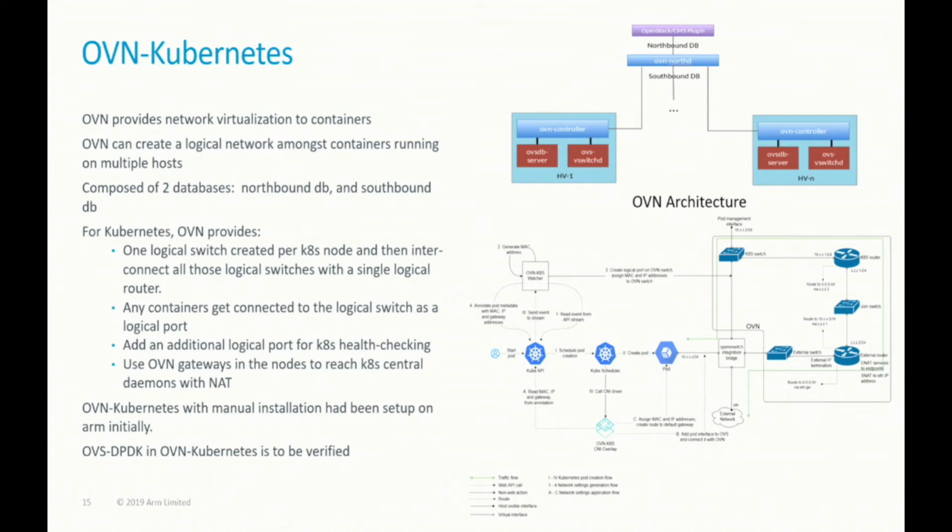For OVN Kubernetes, the manual installation has been verified on ARM. So we have deployed OVN Kubernetes successfully with manual installation and with all the SSL certificates enabled. But OVS DPDK in OVN Kubernetes is yet to be verified.